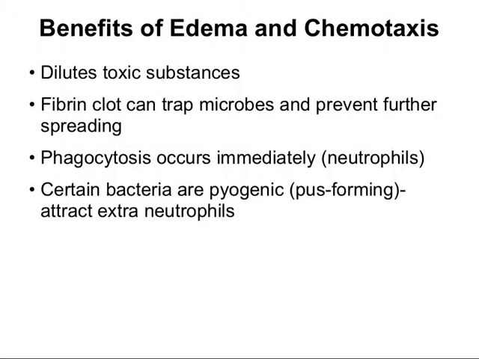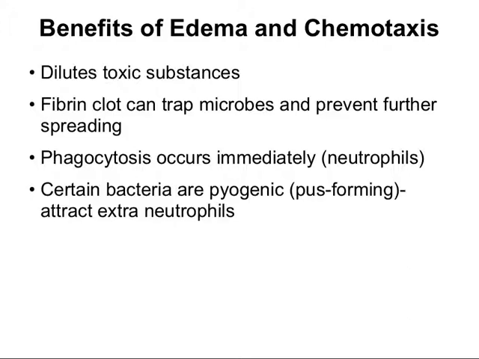So what are the benefits of edema and chemotaxis? First of all, both the formation of edematous exudate and the infiltration of neutrophils are physiologically beneficial activities. The exudates will dilute toxic substances. Also, they contain fibrinogen, which will form a fibrin clot.